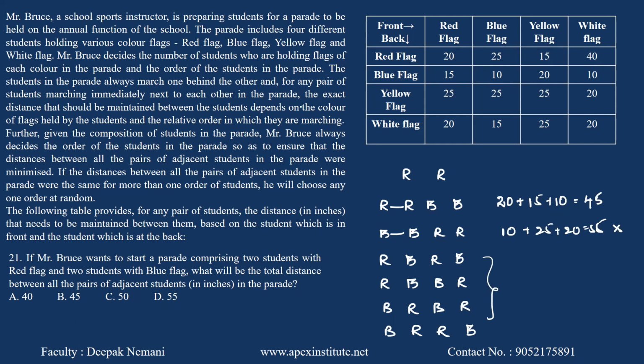And we are given that Mr. Bruce always decides the order of the students in the parade so as to ensure that the distance between all the pairs of adjacent students in the parade was minimized. So you need to have a minimum distance between the first student and last student. Okay, so you need to consider the cases for all these questions.